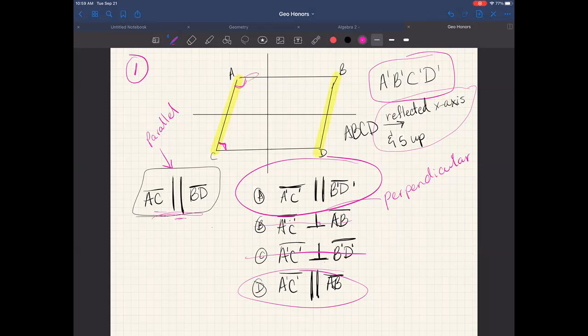Well, I can already tell you, we can just see that the original AC is definitely not parallel to AB, right? They meet, so they would never be parallel. Even after transformations that don't change the shape, they're still not going to be parallel. So you kind of have to rule them out one by one, right? Your best bet, usually you can rule out two and get down to a 50-50.